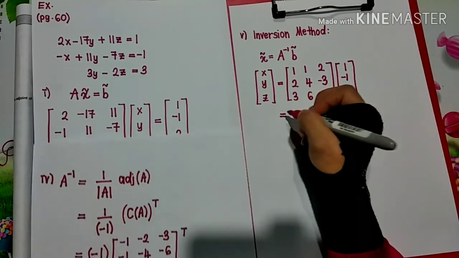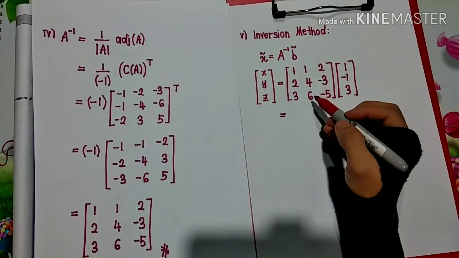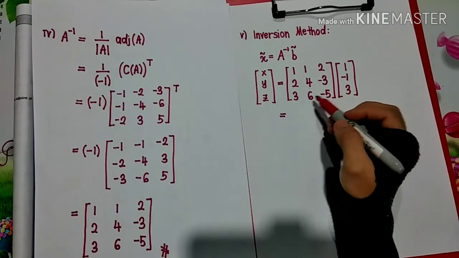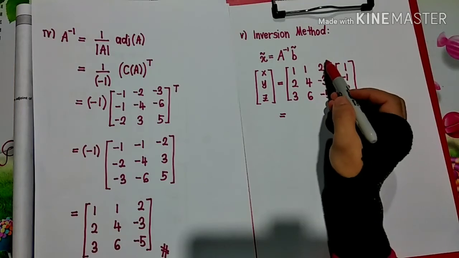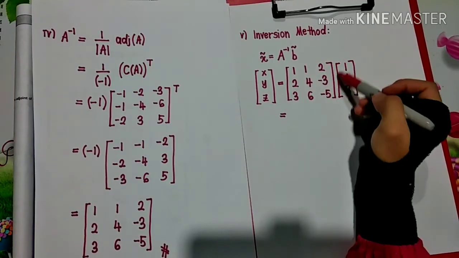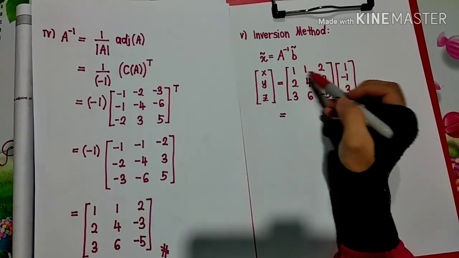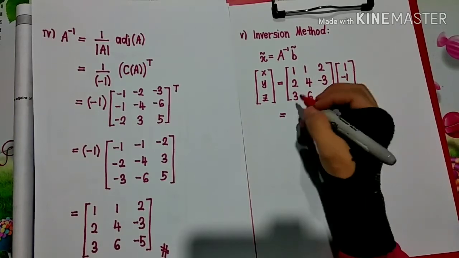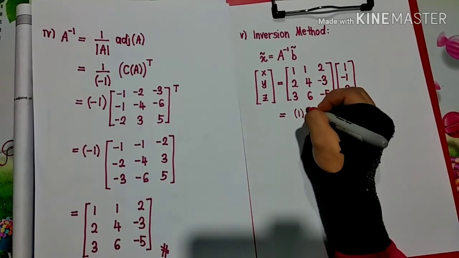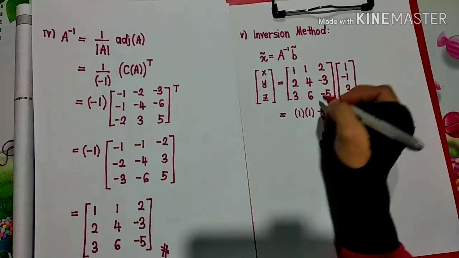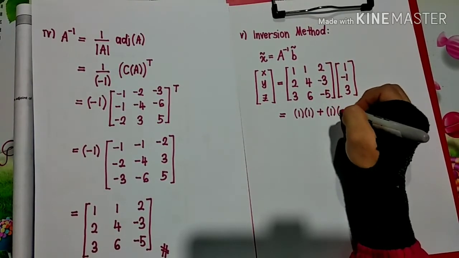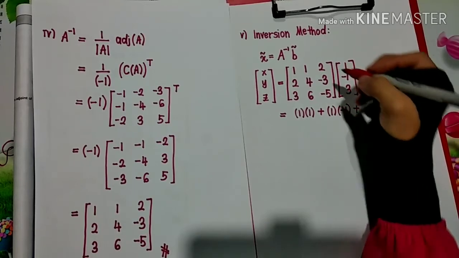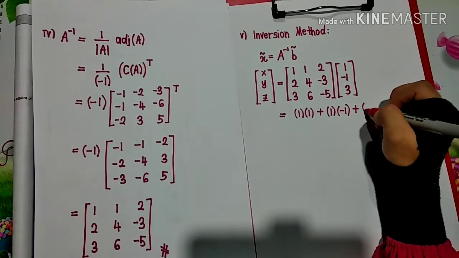So the next step, you just do the matrix multiplication for these two matrices here. So how do you do it? Remember you multiply row with column. So for the first row, 1 multiply with 1 plus 1 multiply with negative 1 plus 2 multiply with 3.